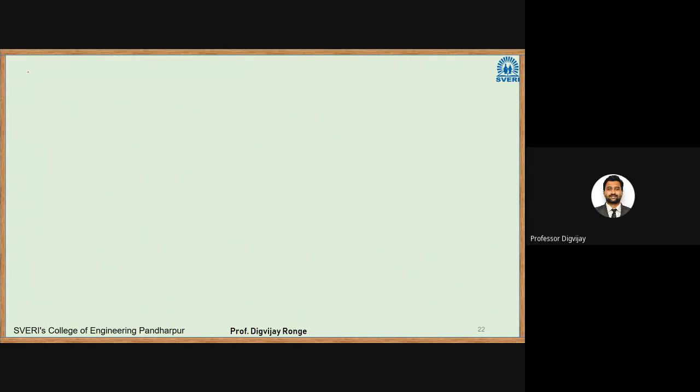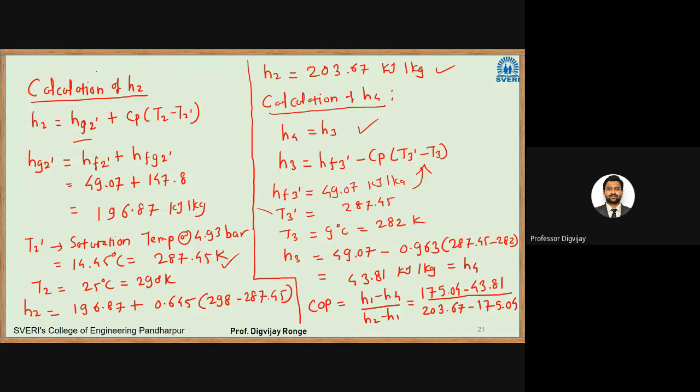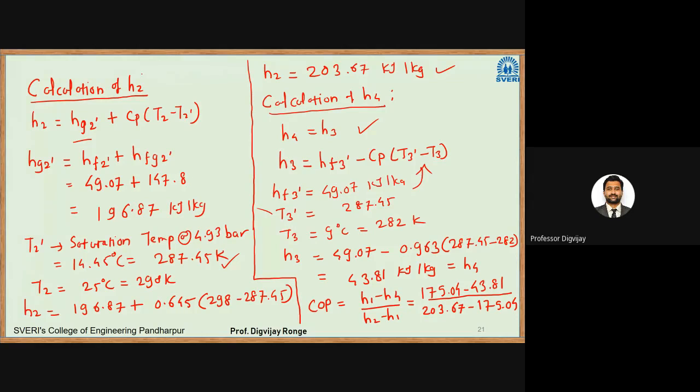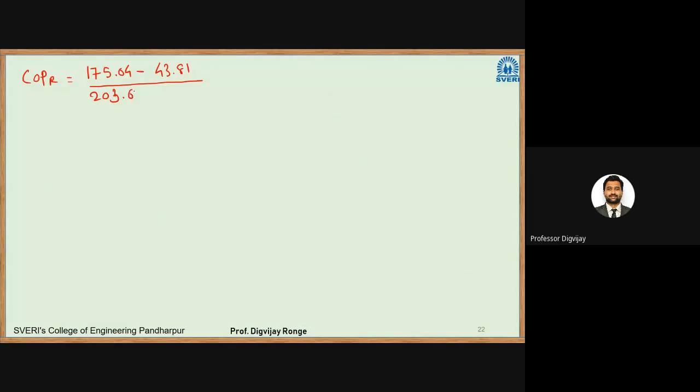So COP will be equal to 175.04 minus 43.81, divided by 203.67 minus 175.04. So calculate the COP. I hope this is what they have asked.